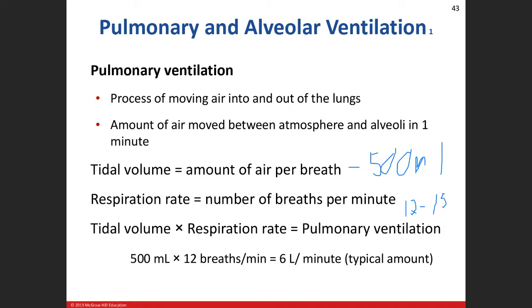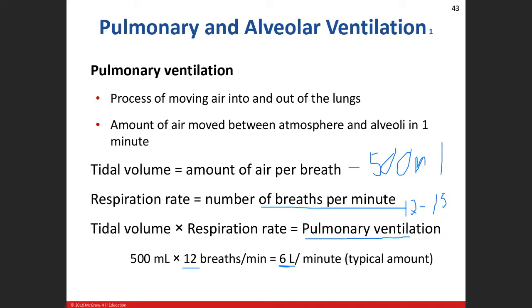When we're trying to figure out our pulmonary ventilation, the amount of air we're breathing in and out for 1 minute, you just multiply those two numbers together: the tidal volume by the rate, breaths over time. On average, with a normal respiration rate, you're going to breathe in and out about 6 liters of air per minute.